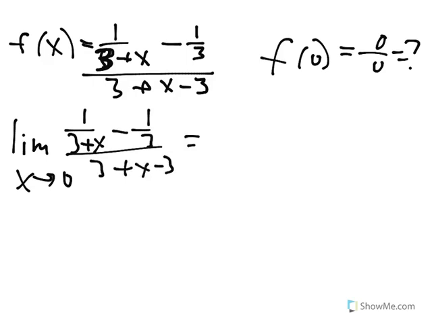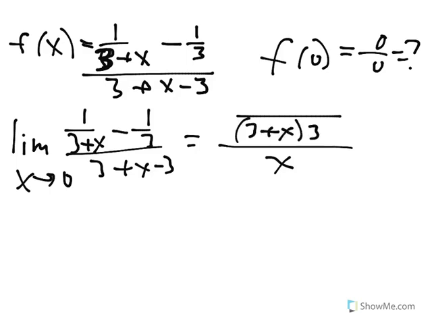Well, the way we do this one, the denominator is easy. That's just x. For the numerator, I'm going to combine those fractions with common denominators. So the common denominator is going to be 3 plus x times 3. And this numerator is going to become 3 minus, and over here I'm going to need the 3 plus x.